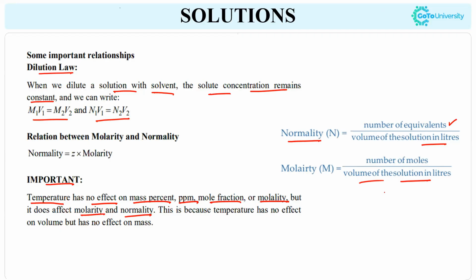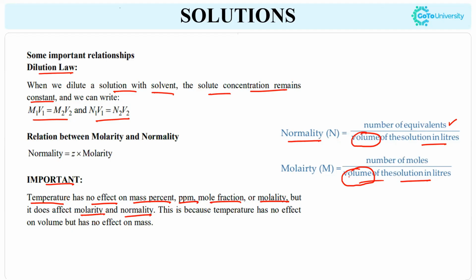That is important because when temperature is increasing, the volume will change. Okay, so volume is changing means it will affect the molarity, and similarly the normality. Normality is number of equivalents divided by volume of the solution. Molarity is number of moles divided by volume of the solution. So the volume of the solution will change with temperature.